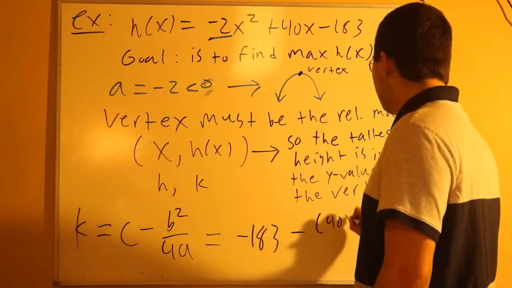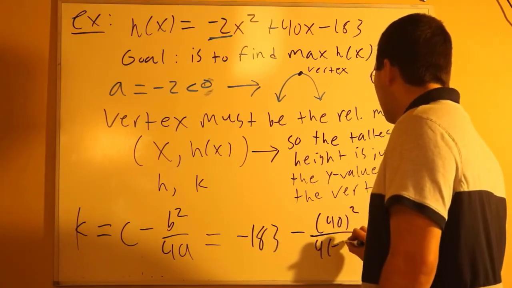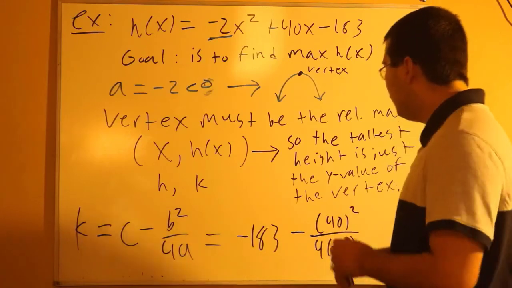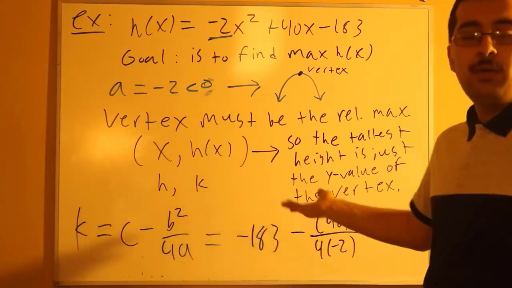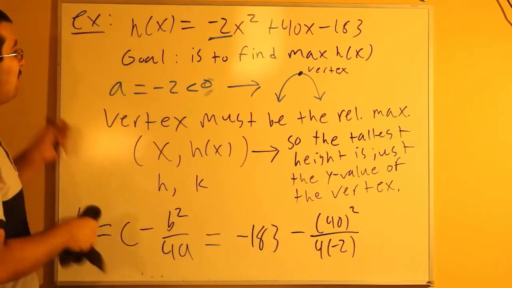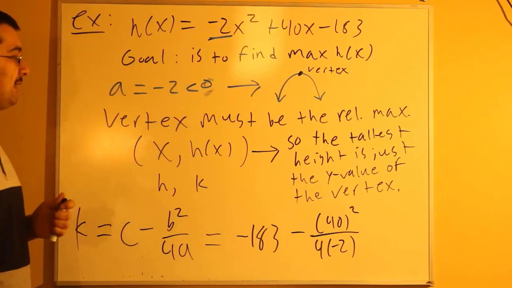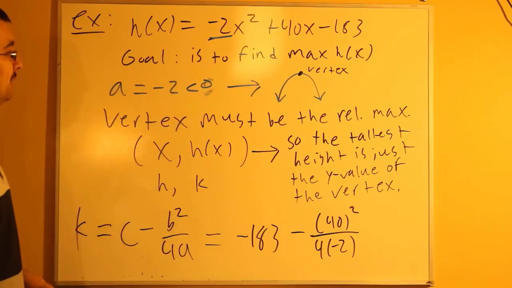So we have 40 squared over 4 times a, which is minus 2. So all we need to do now is plug and chug. So I'm going to go ahead and erase this thought process I had. Go ahead and pause the video now if you didn't get a chance to write that down, so we can actually calculate this number.